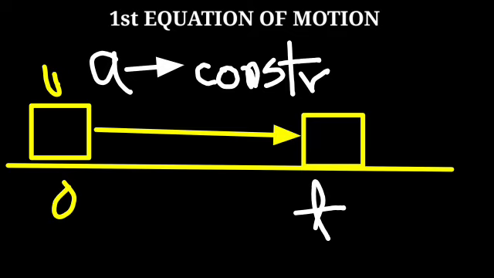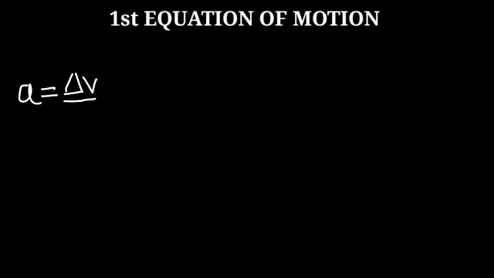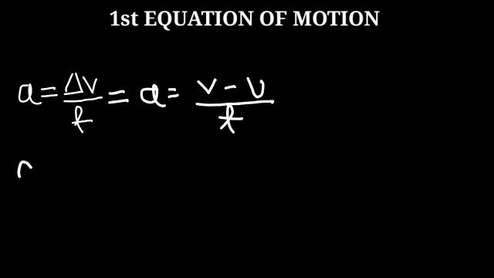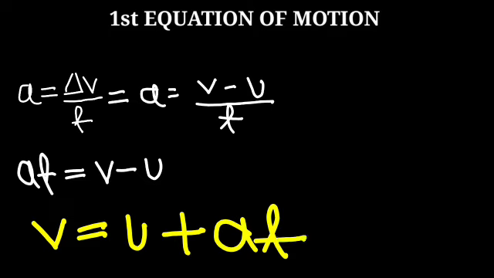Mathematically, we defined acceleration as a equals delta v by t. If we rearrange this equation to solve for the final velocity, we get our first equation of motion, v equals u plus at. This equation tells us that your final velocity is equal to your initial velocity plus the product of your constant acceleration and the time for which you accelerated.